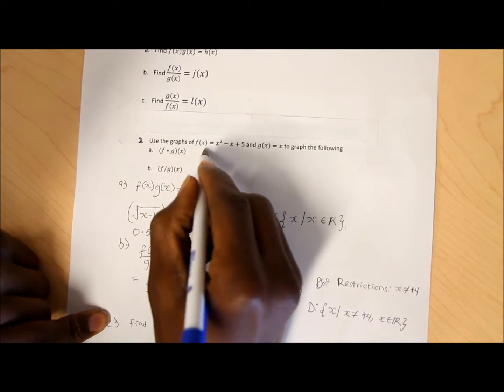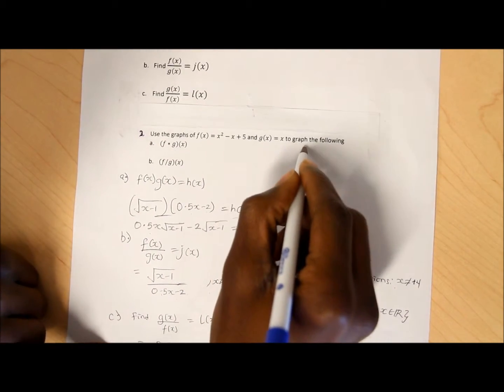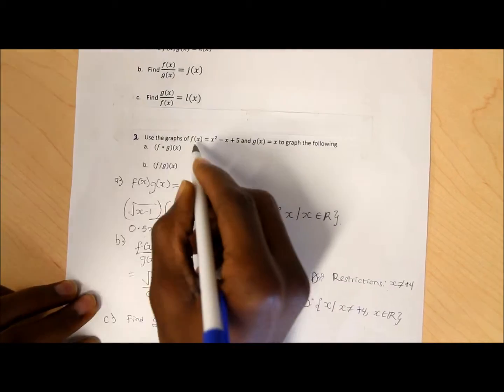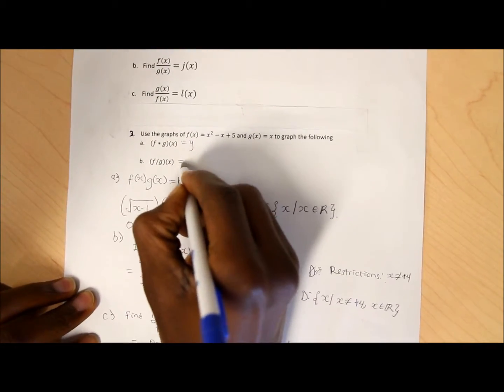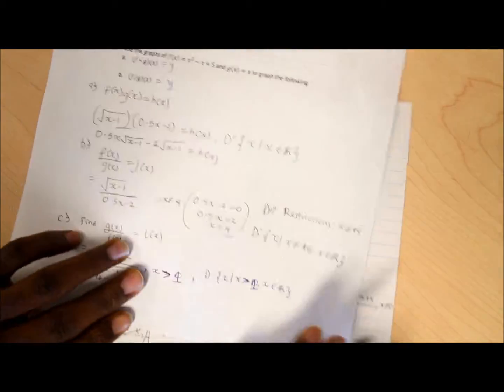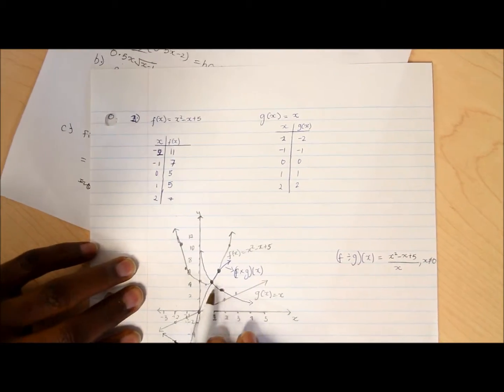Okay, use the graphs of f of x equals x squared minus x plus 5 and g of x equals x to graph the following: f of x times g of x equals y, and f over g of x equals y. Right here I graphed the functions already.